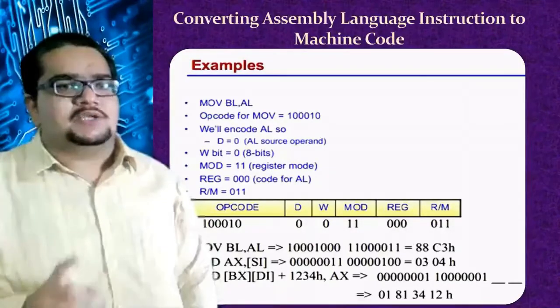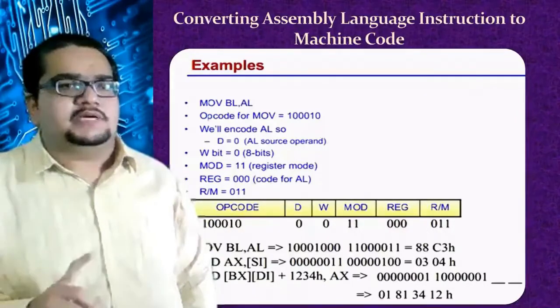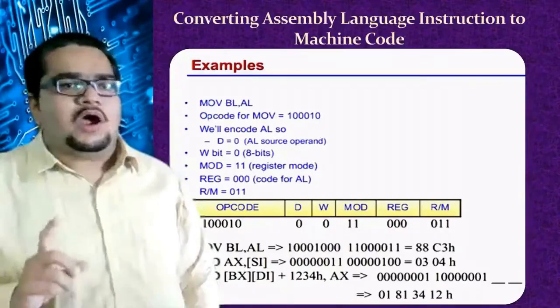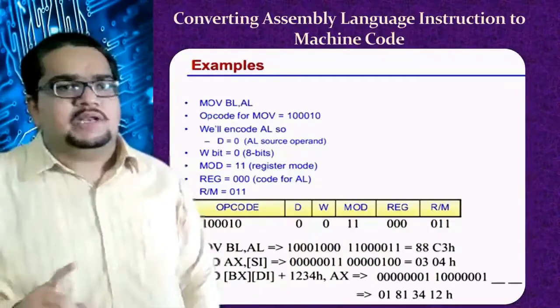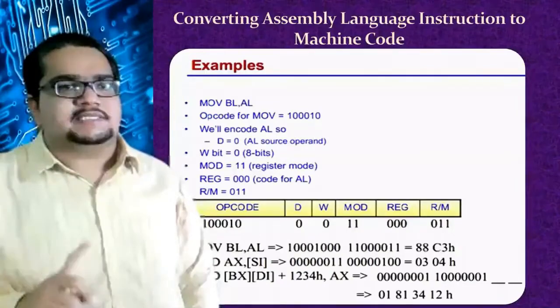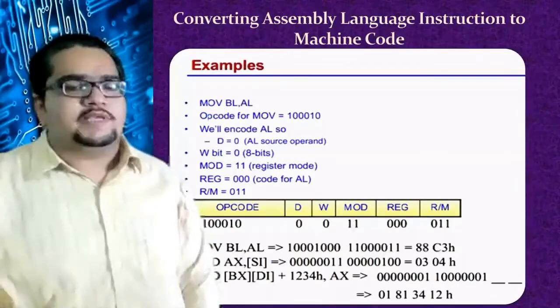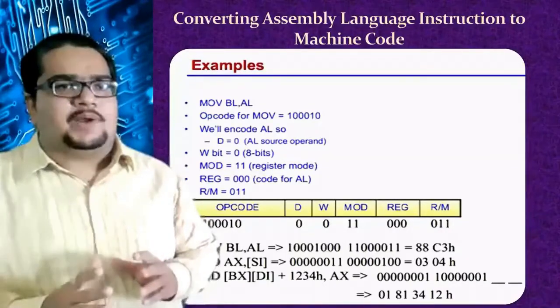What is the r/m field? Whether it is source or destination, that indication is made in the D bit. If D is 0, the r/m field, that is AL here, is a source. If D is 1, the r/m field will be a destination. But in this case, AL is the source. Always understand that it is an operation, then operand 1 and operand 2.